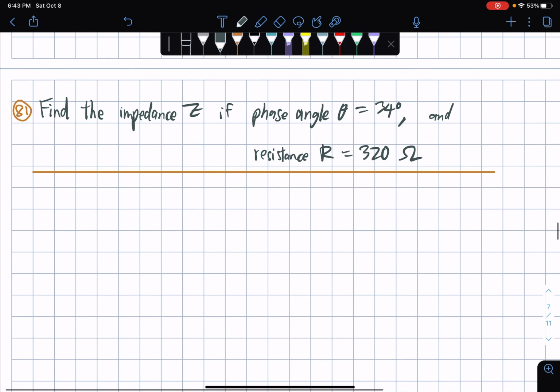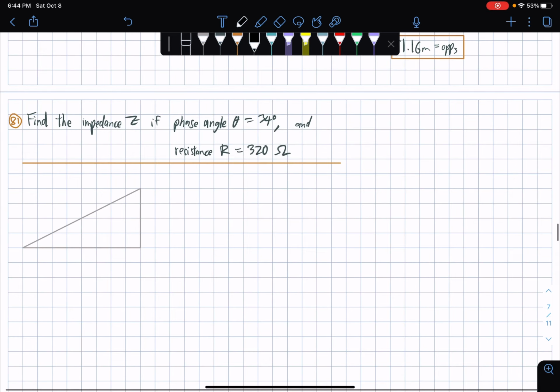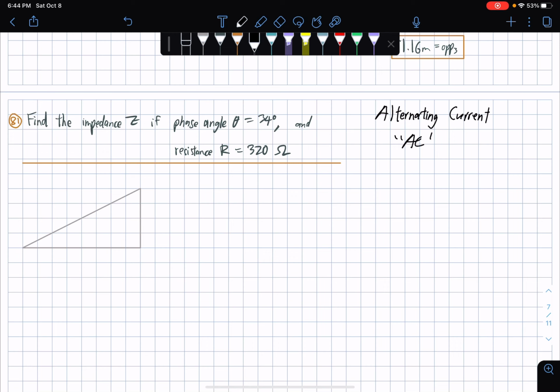Right. You just have to know that in alternating current, this is actually one application of right triangle word problems. This is what these problems are called, alternating current, or in short, AC.